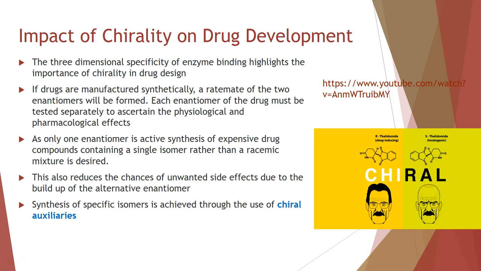These things increase the chance of unwanted side effects, because even if it doesn't have a therapeutic response, since it's not being broken down in the same way, because it can't bind into the enzyme, we may see accumulation of that compound in the body, and that accumulation may become toxic in and of itself. So the way we deal with this is we synthesize specific isomers through the use of chiral auxiliaries, and we'll look at that in our next video.